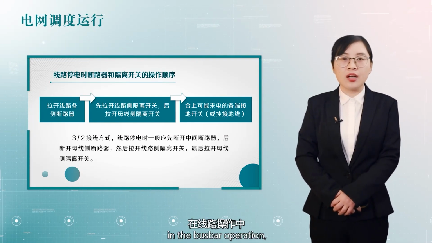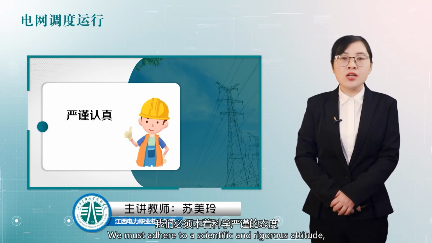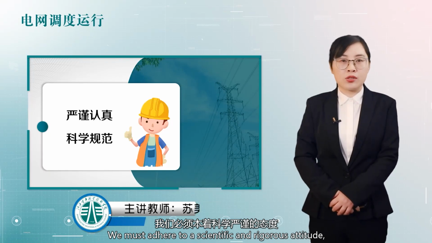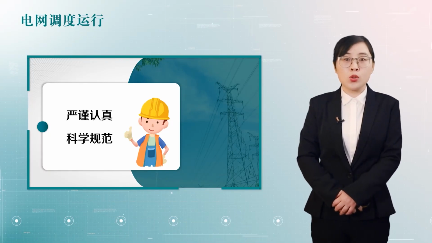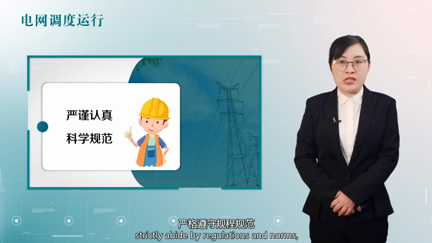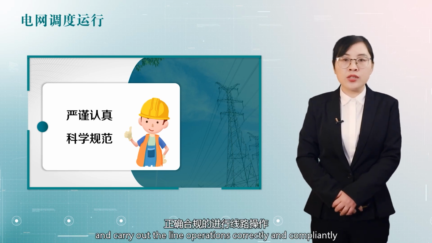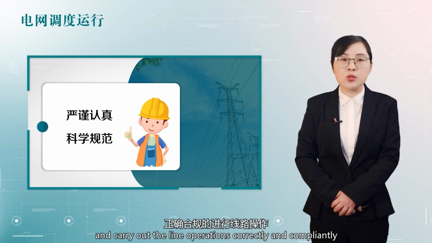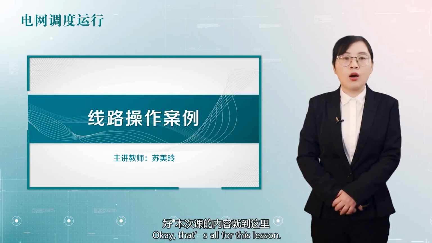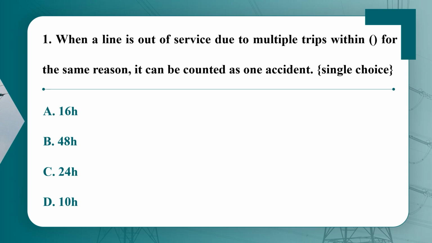In line operation, we must adhere to a scientific and rigorous attitude, strictly abide by regulations and norms, and carry out the line operations correctly and compliantly. Okay, that's all for this lesson. Thank you.